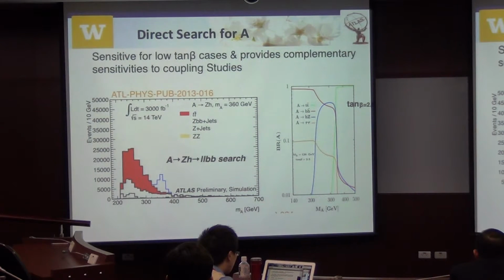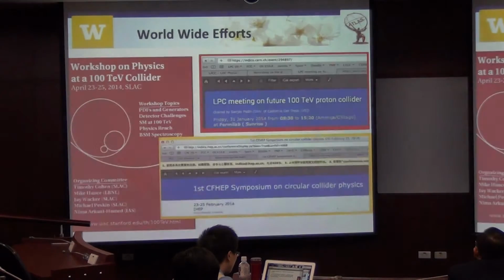So this is quite a nice channel to search for a pseudo-scalar Higgs. But if it's beyond 350 GeV, for this choice of tan beta 2.5, it will be dominated by the t t-bar channel, once it's beyond the top production threshold. This is a projection of how, in some scenarios, you can really constrain this model at 3,000 inverse femtobarns.